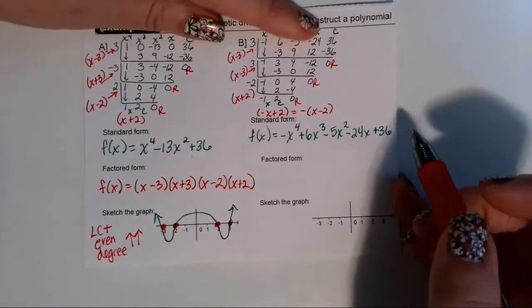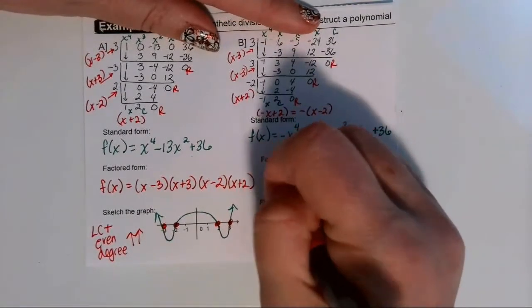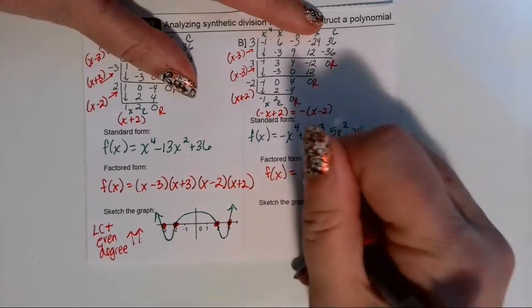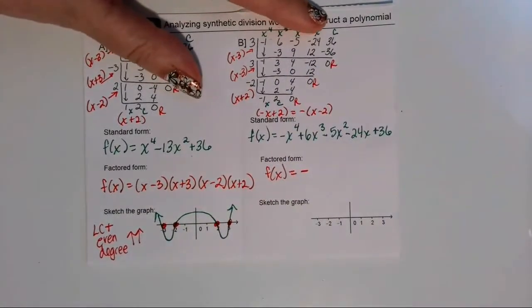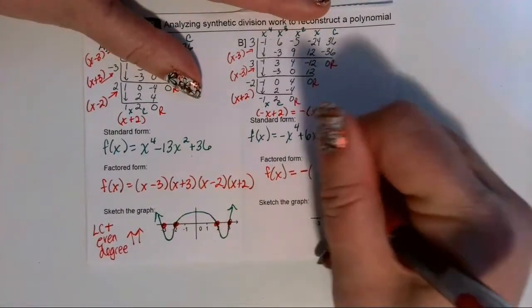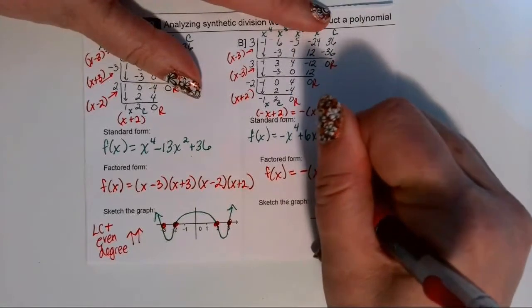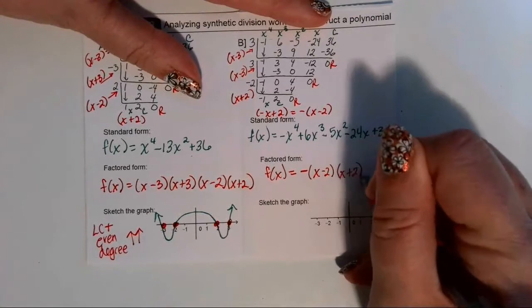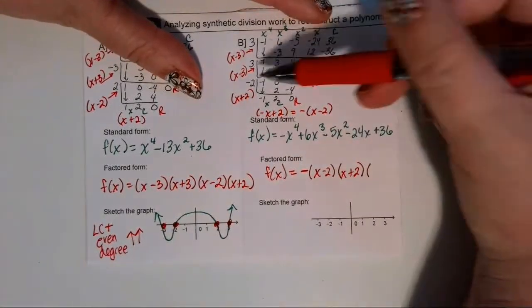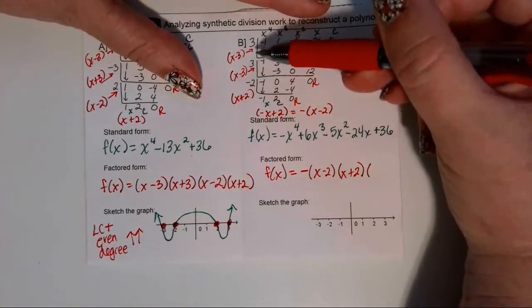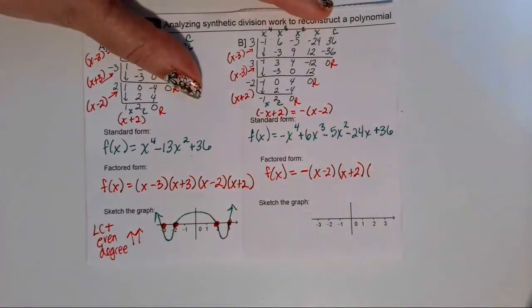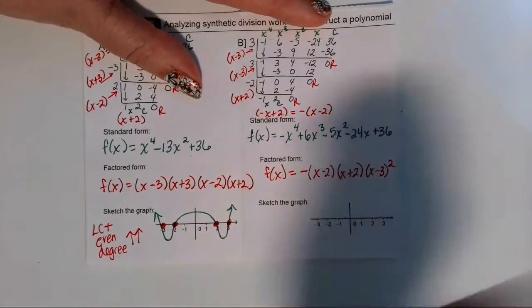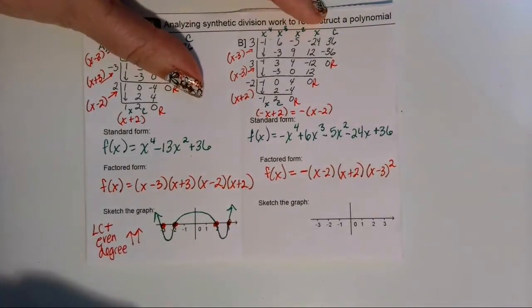So our factored form then is going to be f of x equals, and we're starting with a negative as our leading coefficient, and then we have a factor of x minus 2, a factor of x plus 2, and then the x minus 3, that is a repeated factor. It has multiplicity of 2, so we're going to put a square on that factor.